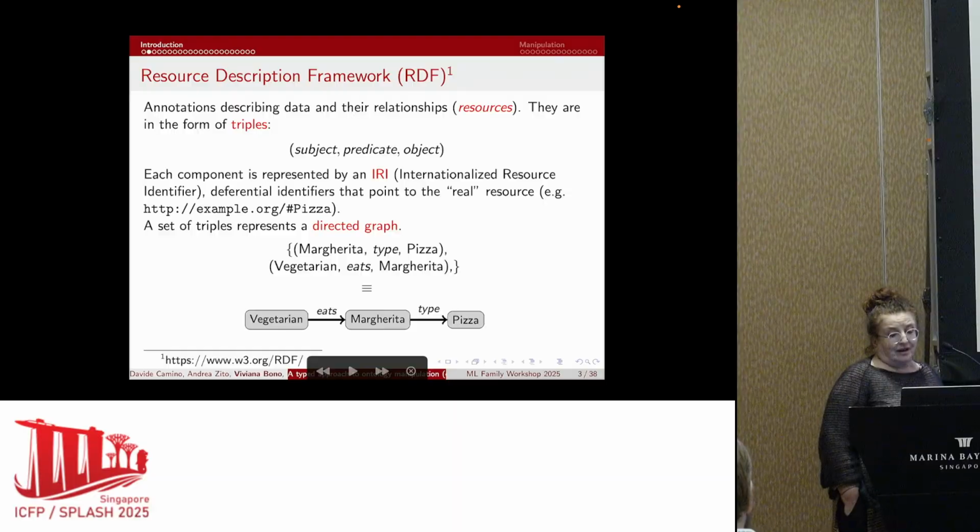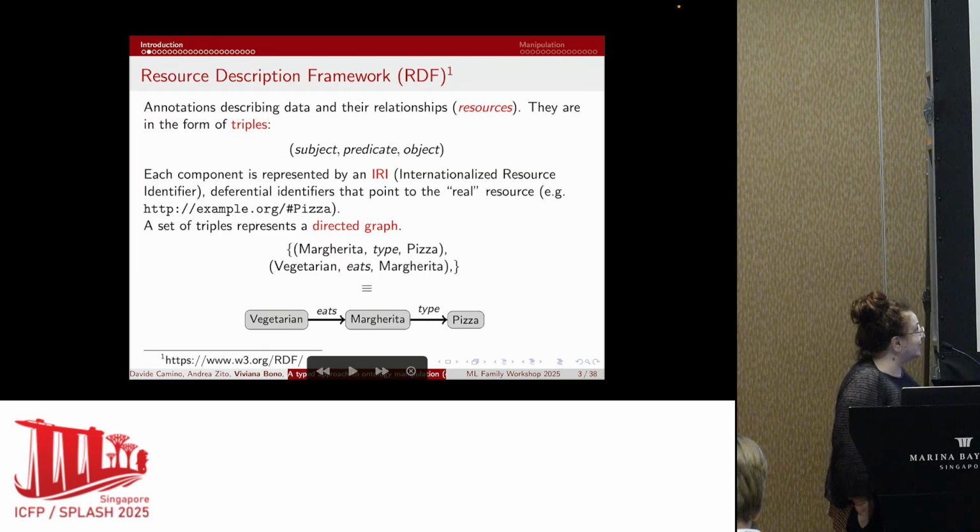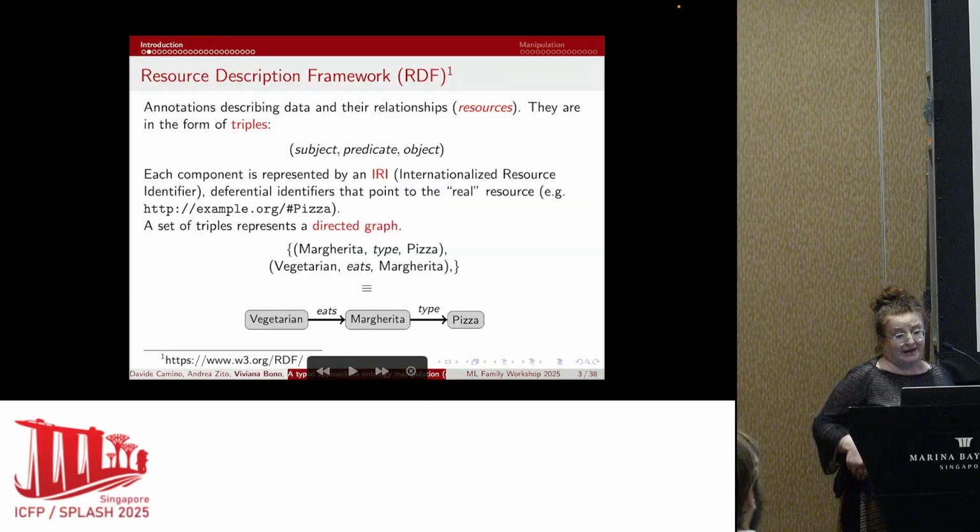So we build graphs by connecting those components, and this is a very Italian example. Margherita is a pizza, it's a type of pizza, and it is eaten by vegetarians mainly.